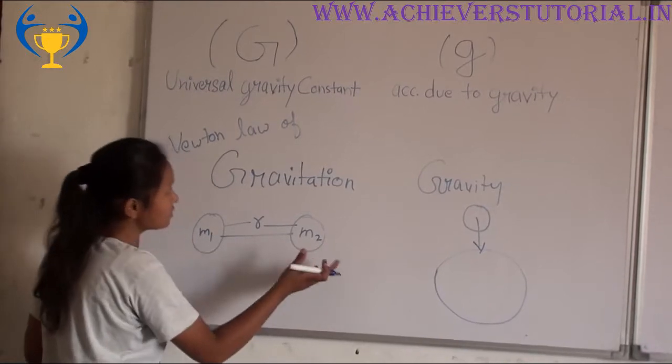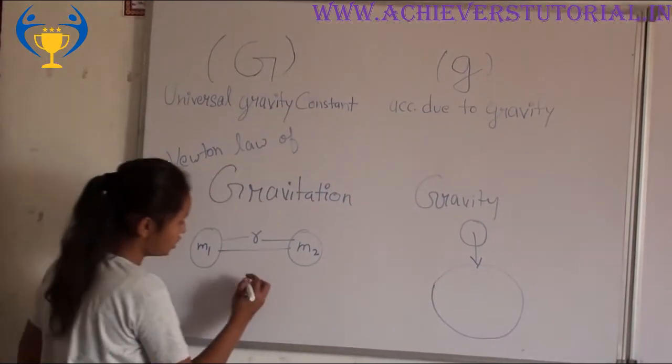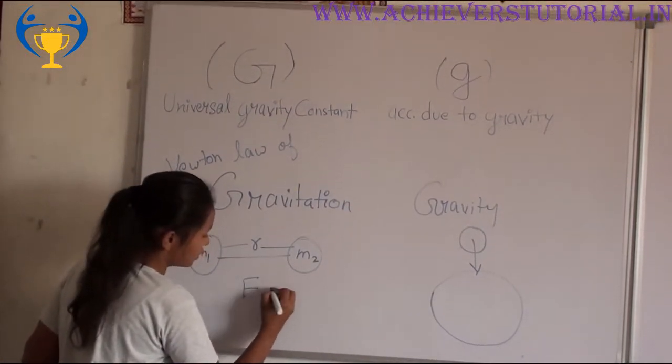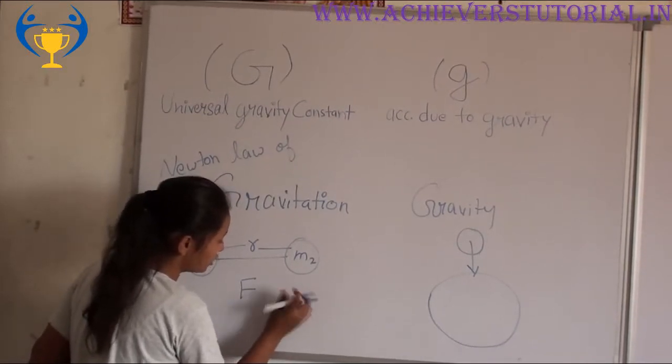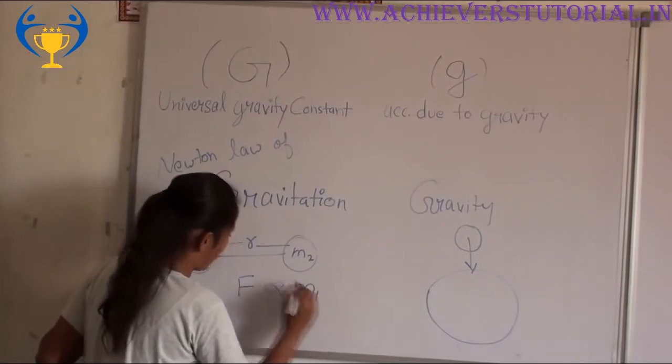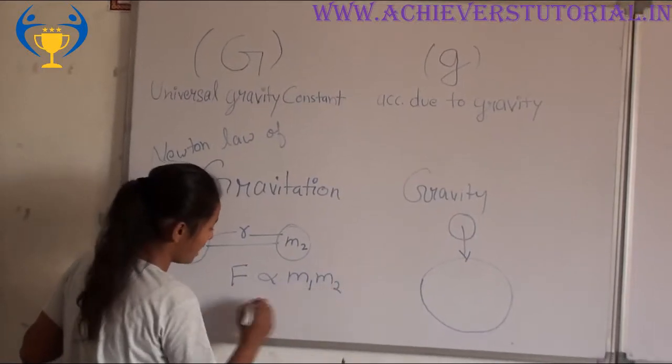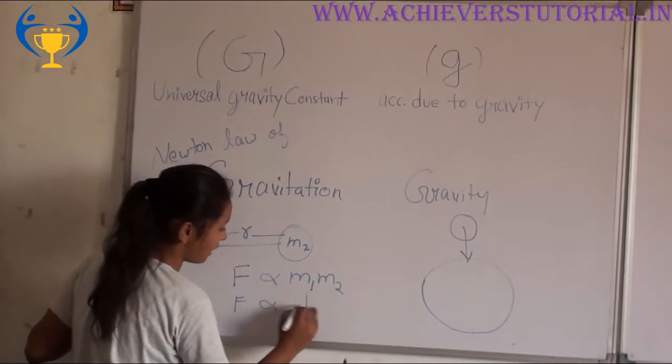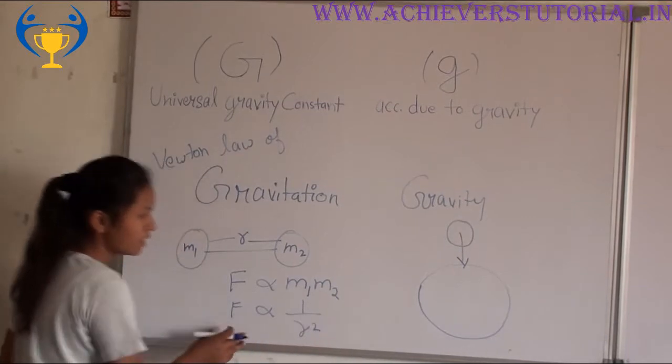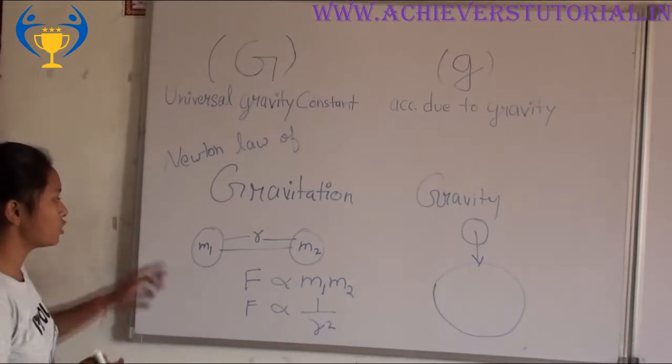The force by which they are attracted is directly proportional to the product of their masses m1 and m2 and inversely proportional to the distance by which they are separated. This is known as Newton's law of gravitation.